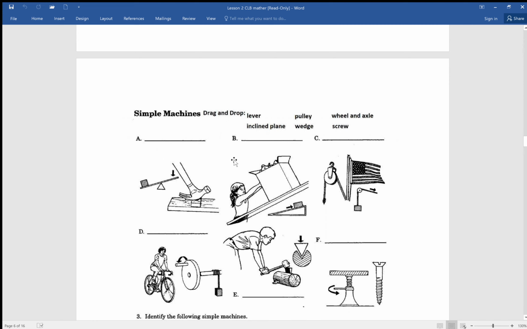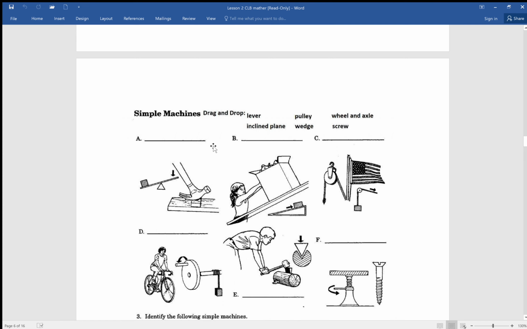Anyways, in the last lesson I didn't give enough information about simple machines, so we're going to do it. The first thing you can see is the lever. If you see this arrow here, if you put some work to it, this is the fulcrum, right? The load will move.